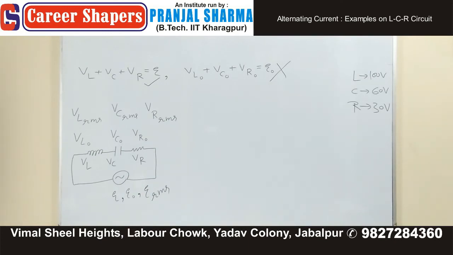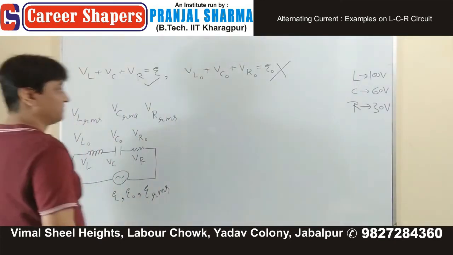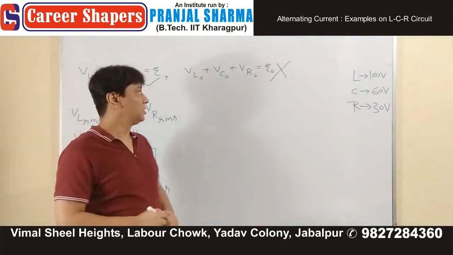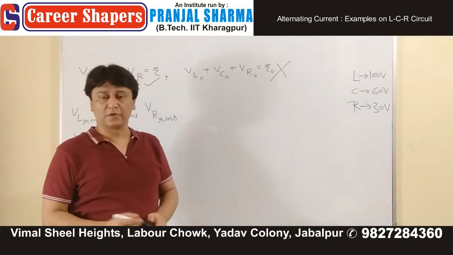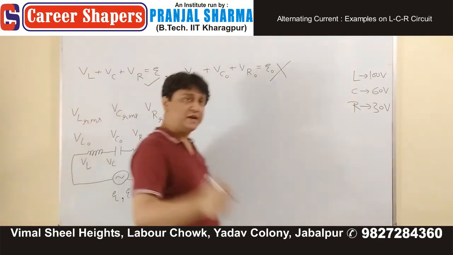Good. The last two answers are correct because there is a phase difference between VL naught, VC naught, VR naught, these peak values. Instantaneous means what?